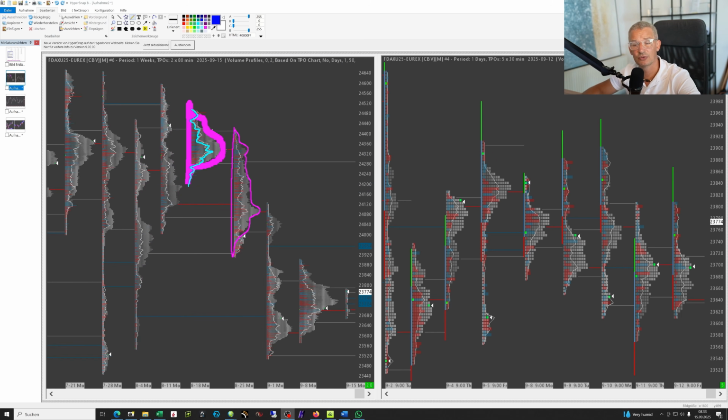What other information do we get when we use market and volume profiles like this? For example, we clearly get the so-called value areas. You can display them using the market profile, in which case they are time-weighted. You can also display them using the volume profile. In that case, they are volume-weighted. We prefer the volume-weighted approach.